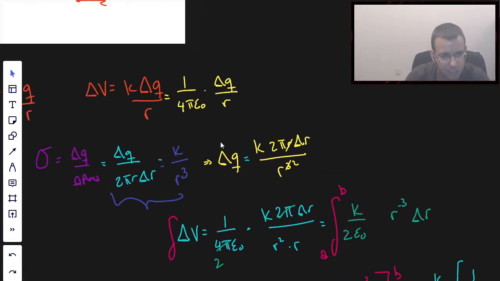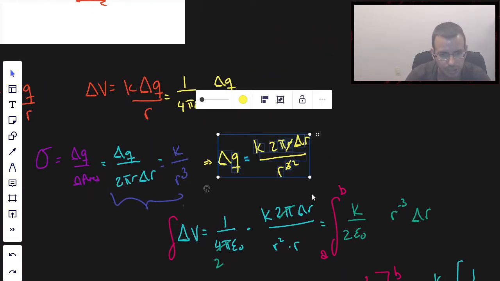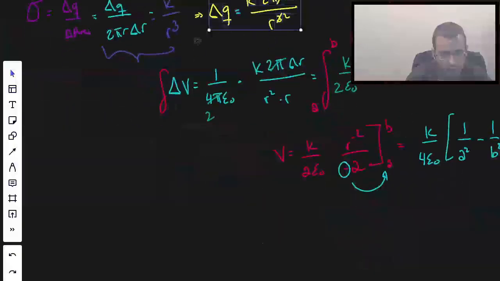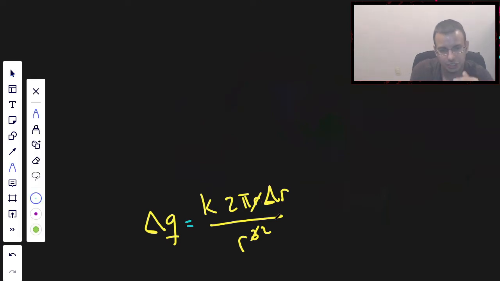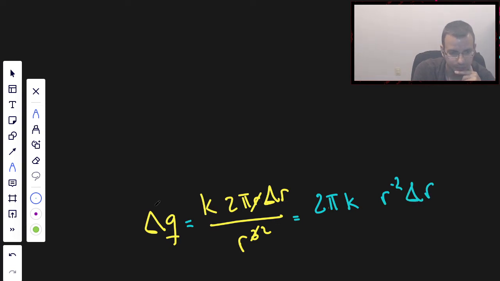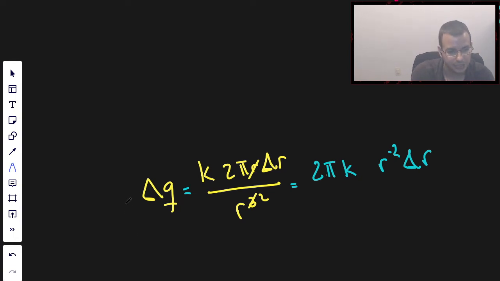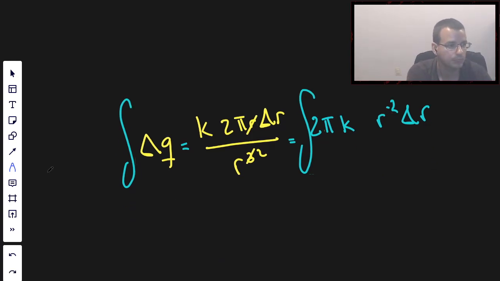So I'm going to take this part right here, which we talked about earlier, move this down here, and I'm going to rewrite this just one more time, so this will be 2 pi K, not Coulomb's constant, R to the negative second, delta R. So delta Q equals that. So if we integrate both sides, we get the integral of delta Q is going to give us total Q, big Q.